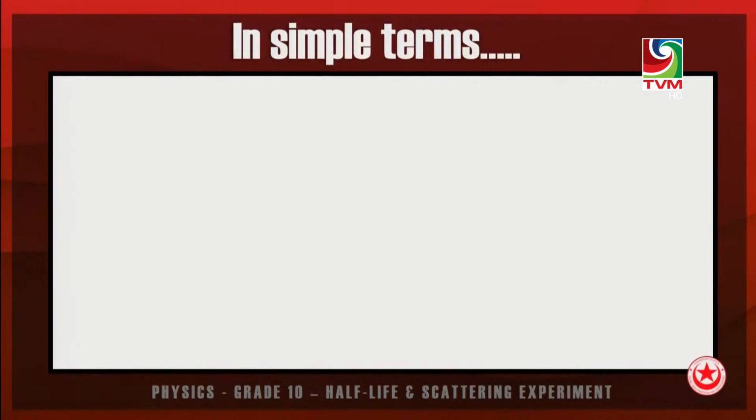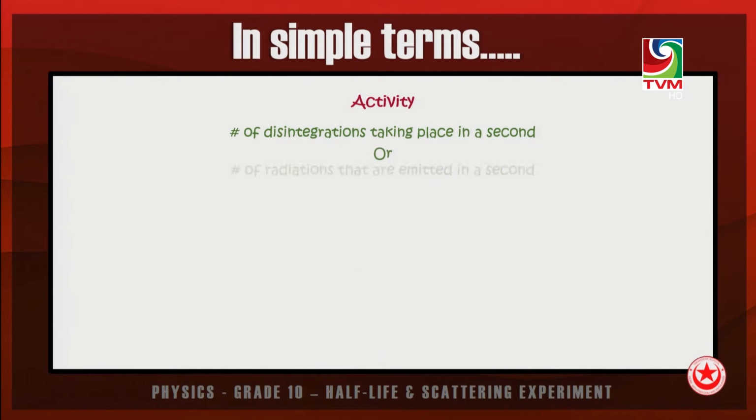In simple terms, activity can be explained as the number of disintegrations taking place in a second, or the number of radiations emitted in a second. So we express radioactivity in terms of activity.